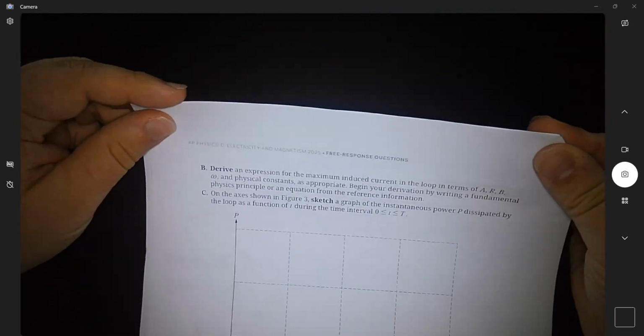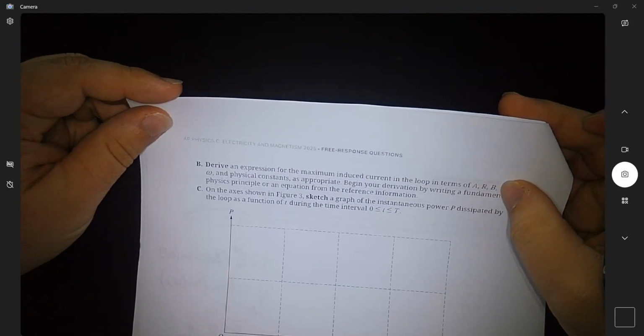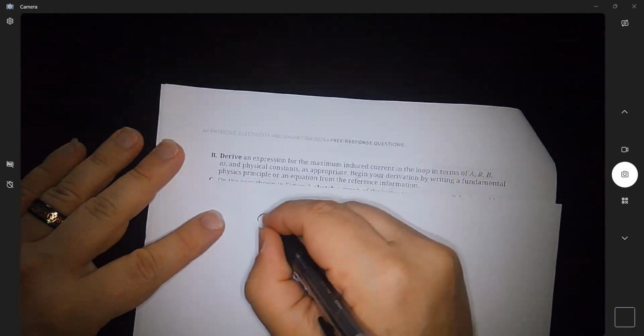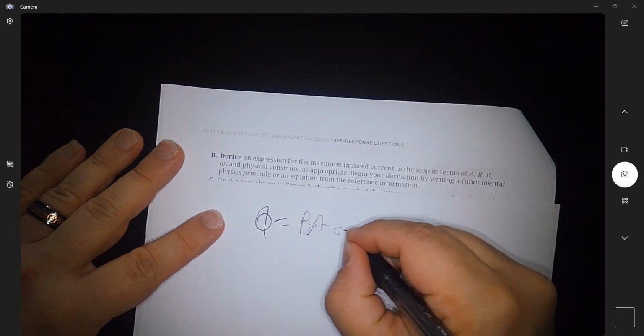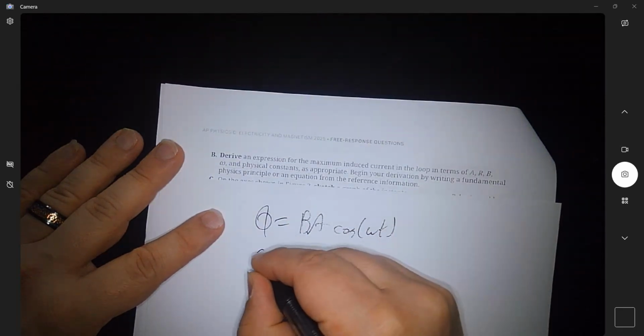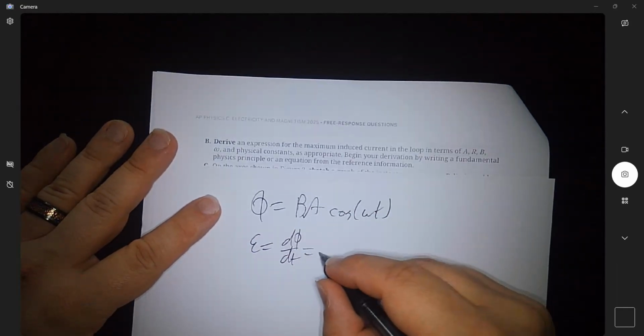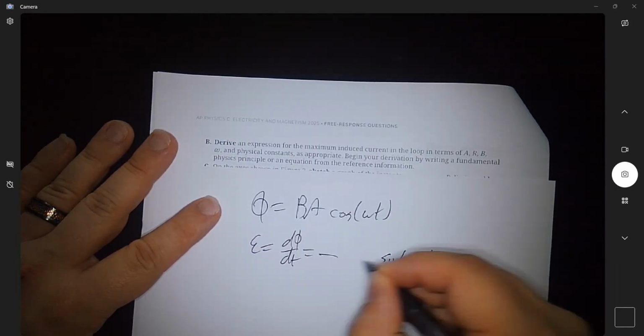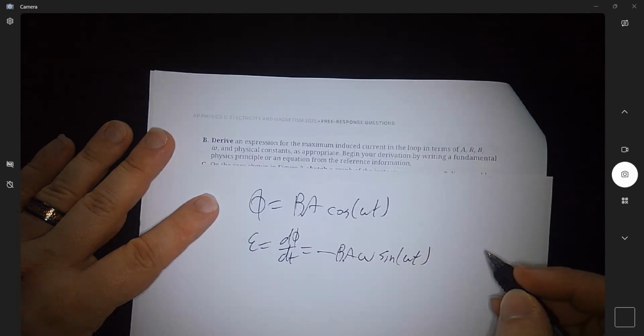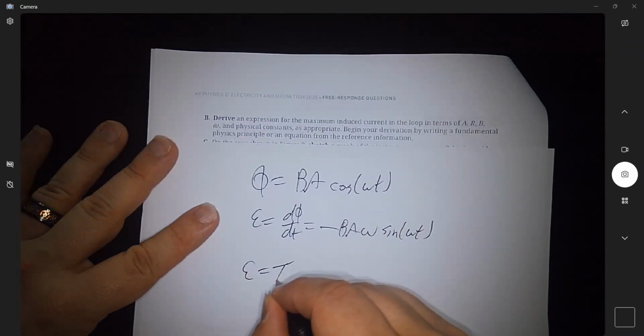That's really weird. Derive an expression for the maximum induced current in the loop. Why do I feel like that's too easy? I just did it. If flux is BA cosine omega t, then EMF is d flux d time, which is negative BA omega sine omega t, and EMF equals IR.